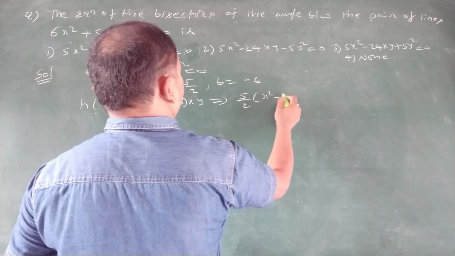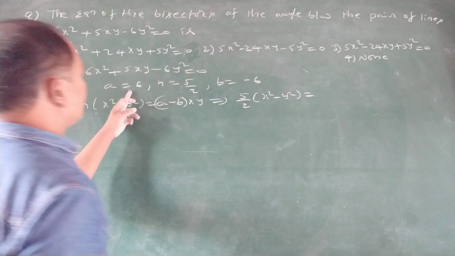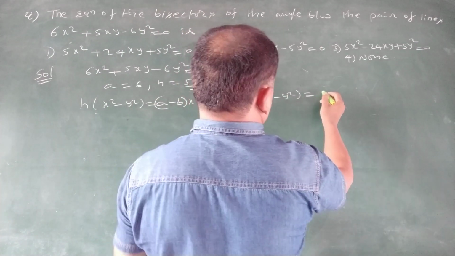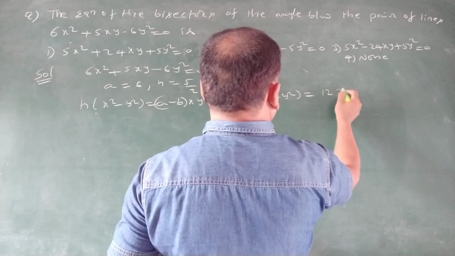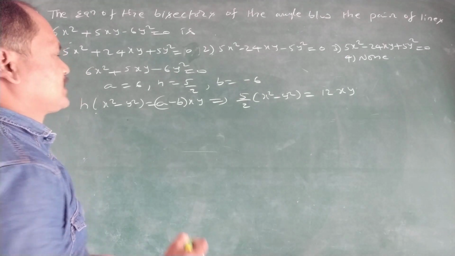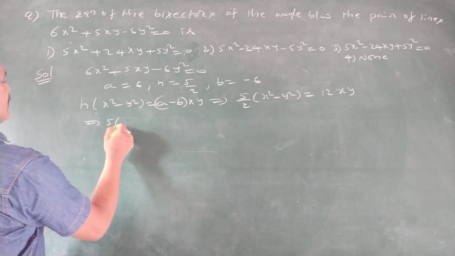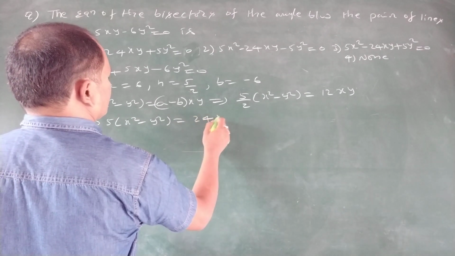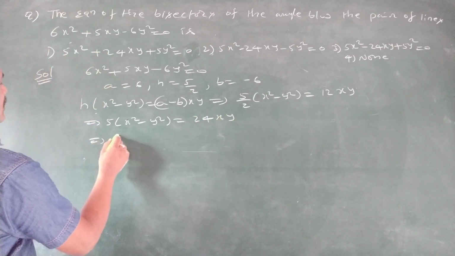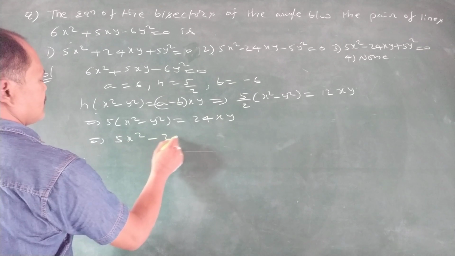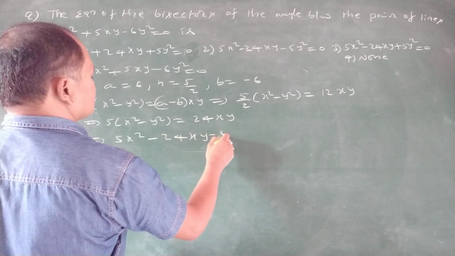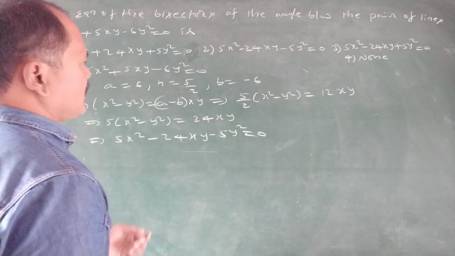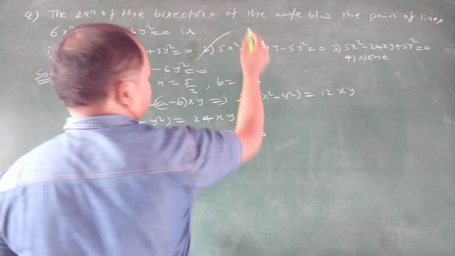X square minus y square is equal to a minus b, 6 minus of minus 6 plus 6, 12 xy. That's all. Now apply cross multiplication, then it is 5 times x square minus y square is equal to 24xy. Now from this, 5x square minus 24xy minus 5y square is equal to 0 is the pair of angular bisector, that is the second option.